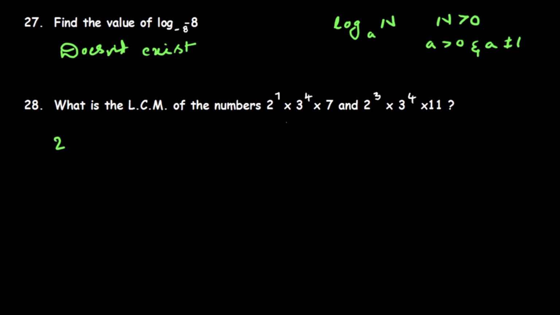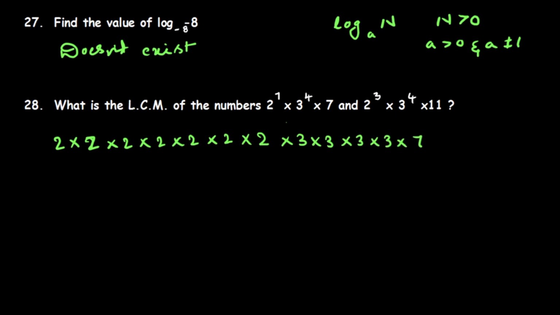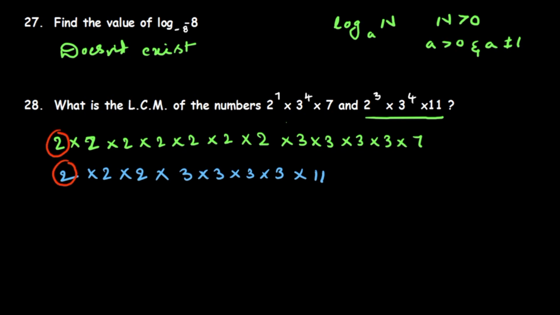So how do we write this? 2 is common, another 2 is common, one more 2 is there. 3 is common here, the next 3 is common, one more 3, another 3.